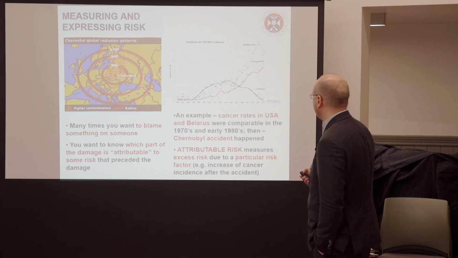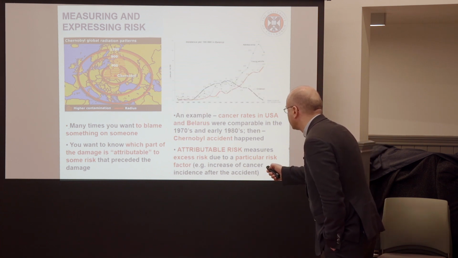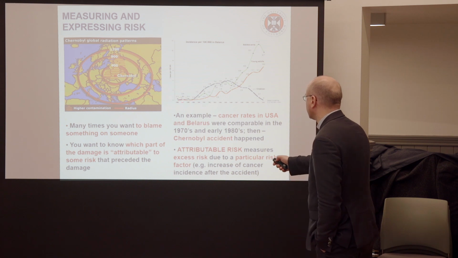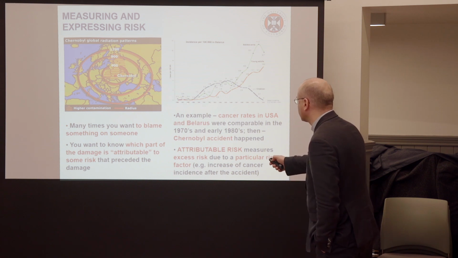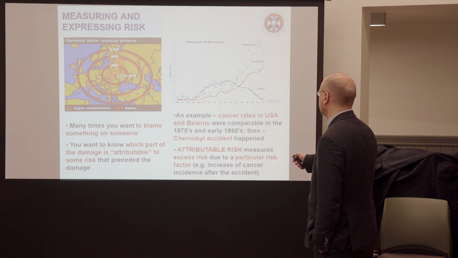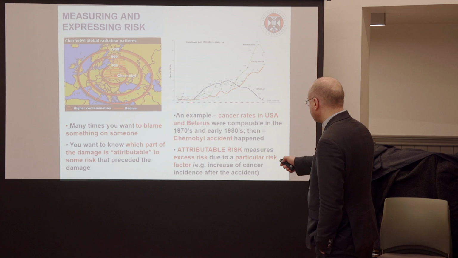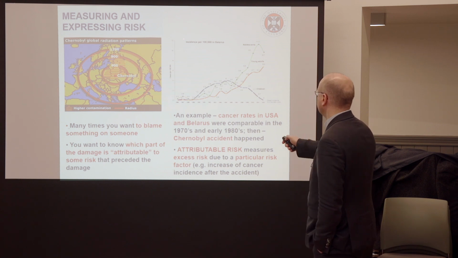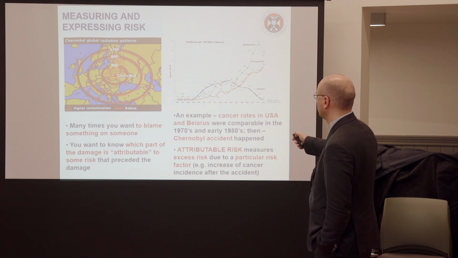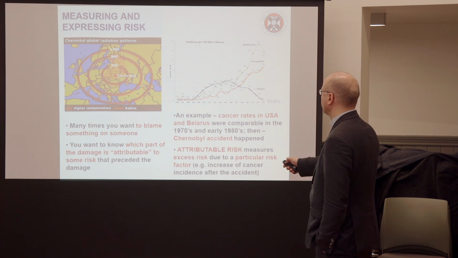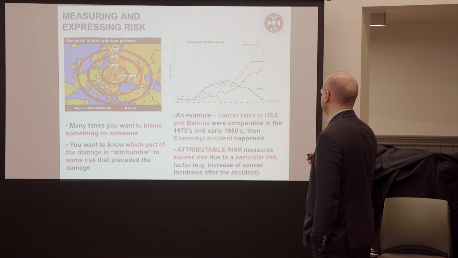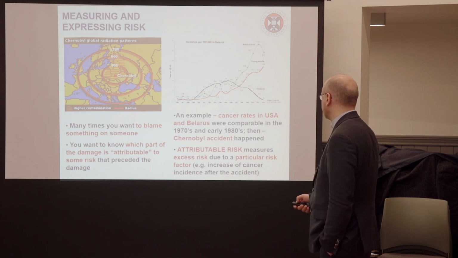And look at this graph. So this is 1969 and this is 1986, 7, 8, 9, 1990, and so on. This is the incidence per 100,000 people in Belarus. This is the cancer incidence, number of cases per 100,000 in children, young adults, and adolescents.